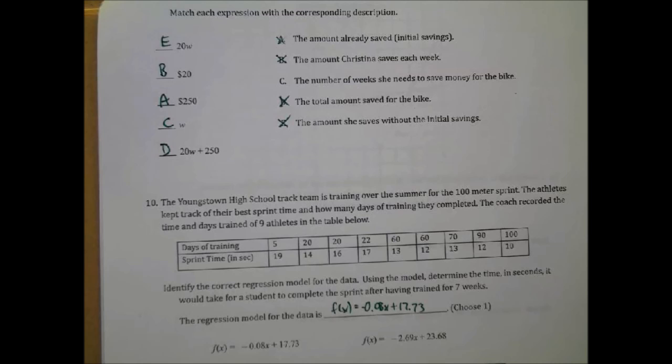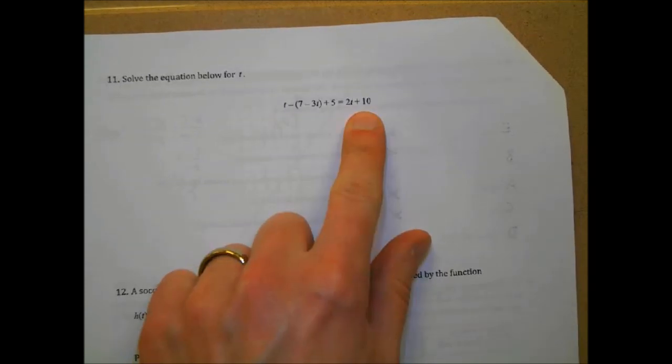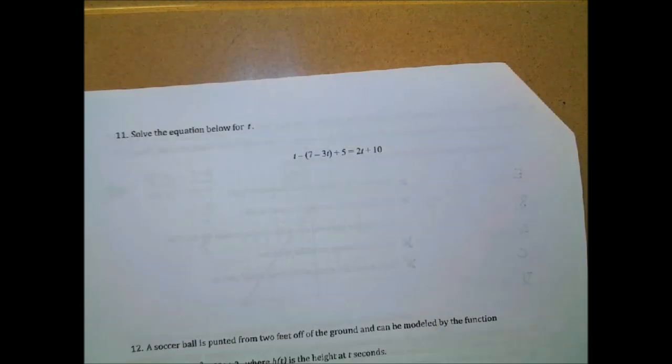All good? Okay. Number 11, solve the equation below for t. Oh, solving equations, easy. I'm going to rapid fire people here. Tyler L., first step here. What do you say to do to solve for t? Multiply. Okay, we're going to distribute what number?